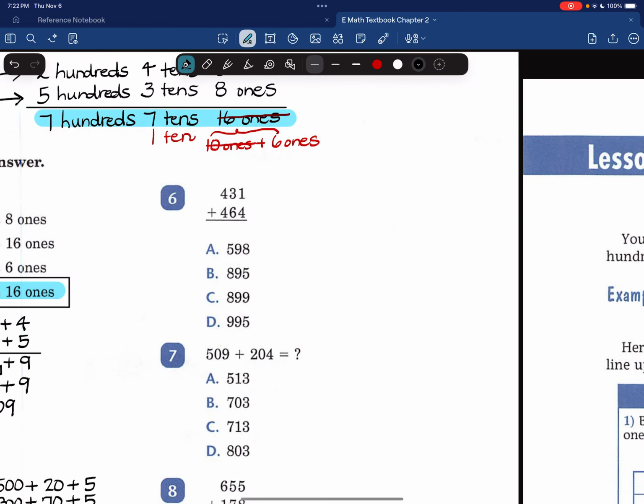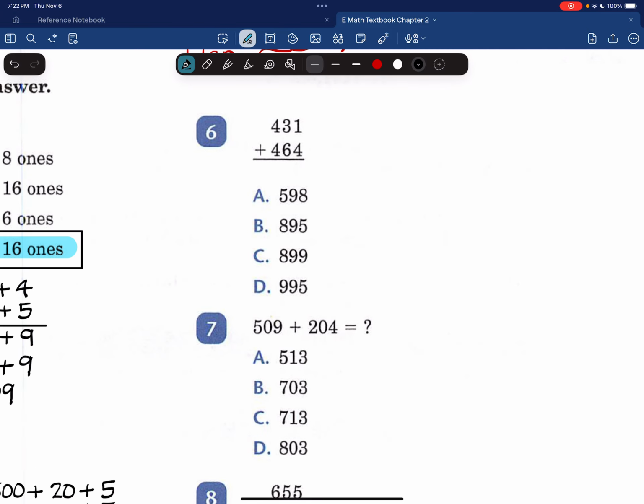All right, number 6. We have 400s, plus 3 tens plus 1 one. Then 400 plus 6 in the tens place and 4 in the ones place.